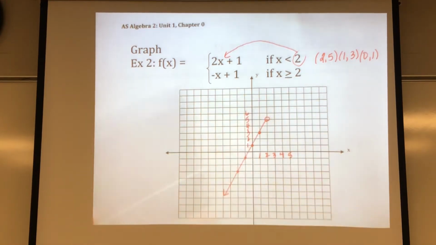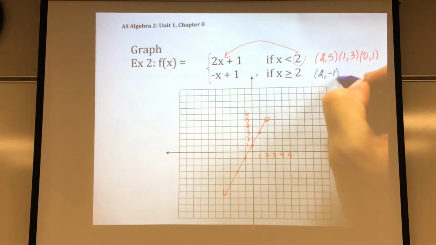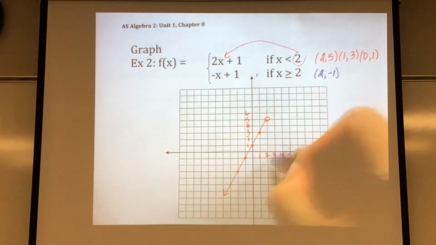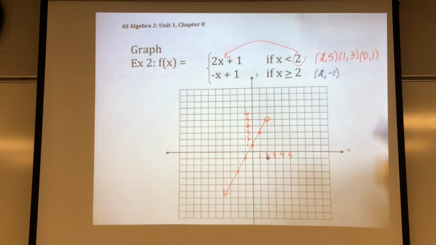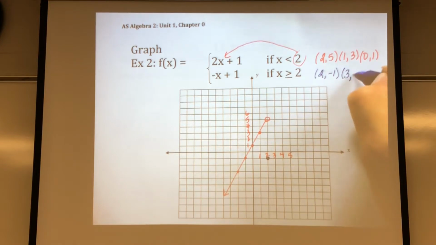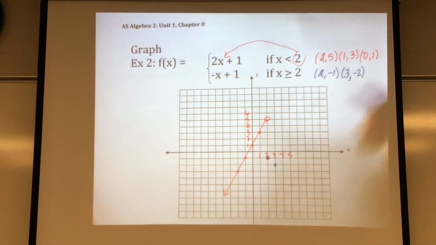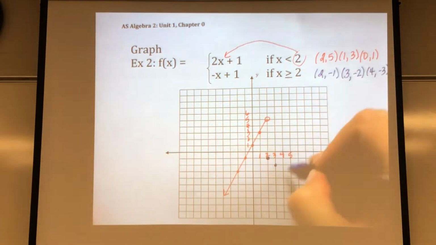All right, let's take a look at this second one. We're going to substitute 2 in first. So we get the point 2, negative 1. It had an equal to sign, so it's a closed circle. You can find more points greater than 2, like 3, negative 2, and 4, negative 3.